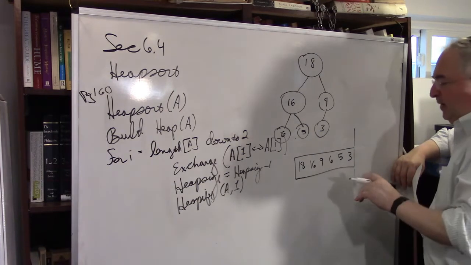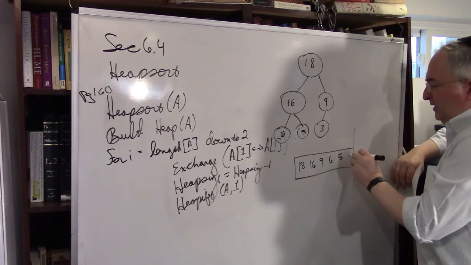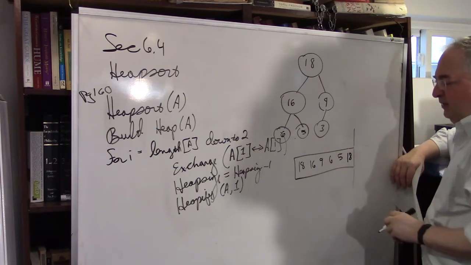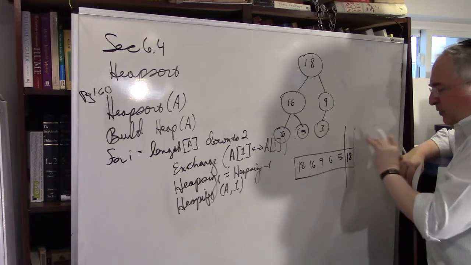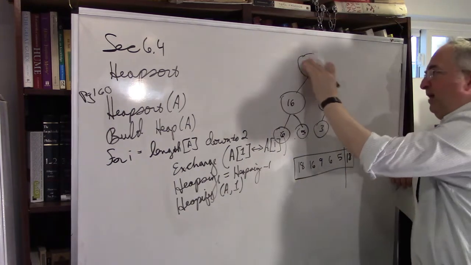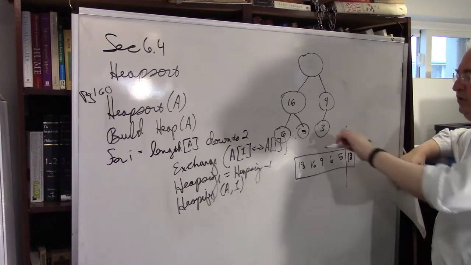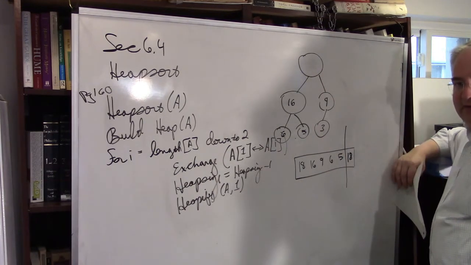So basically what I do is take this 3 off, and I say this is the top. Pop it off and put it someplace. Now what should I put there instead?